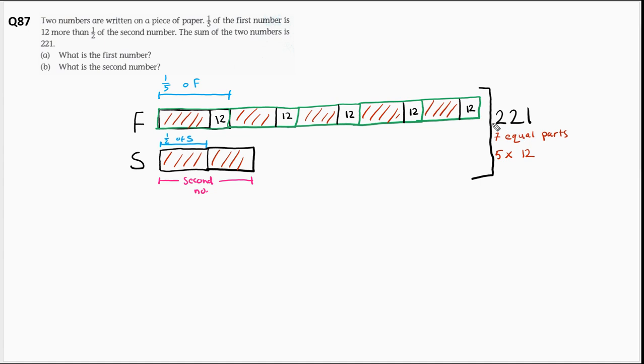That's what, so all of this all together makes 221. Well, 5 times 12, what's that? That's easy. That 5 times 12 is 60. Okay, so these bits here all together have a value of 60.